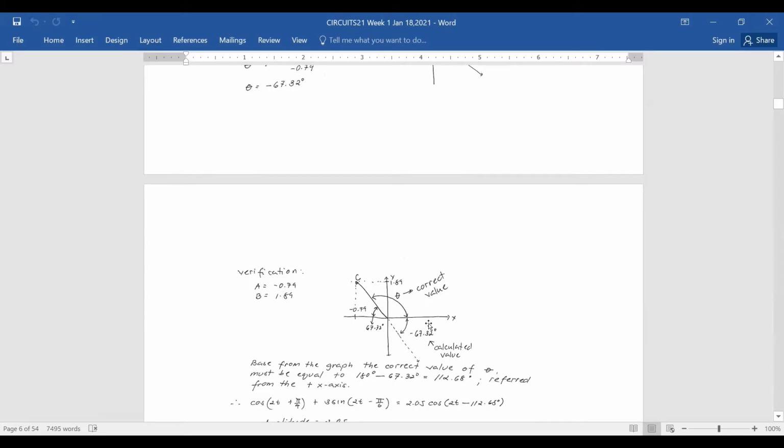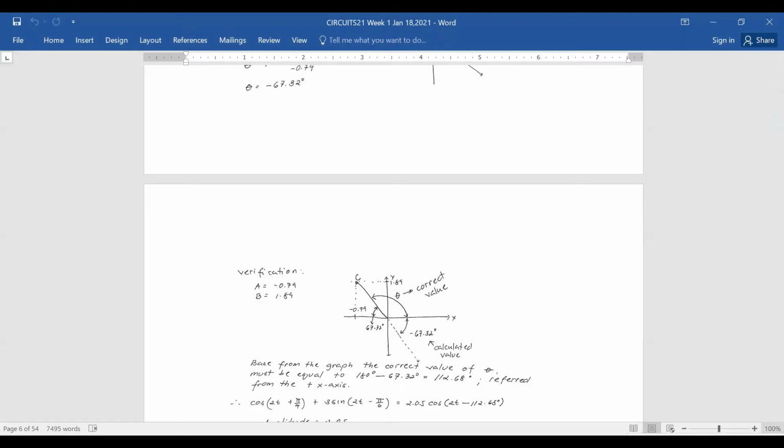Or if we use the clockwise direction, then we'll have 180 degrees plus 67.32. Following the counterclockwise direction with respect to the positive x-axis, our angle is 180 degrees from here up to there minus 67.32. The result is 112.68.